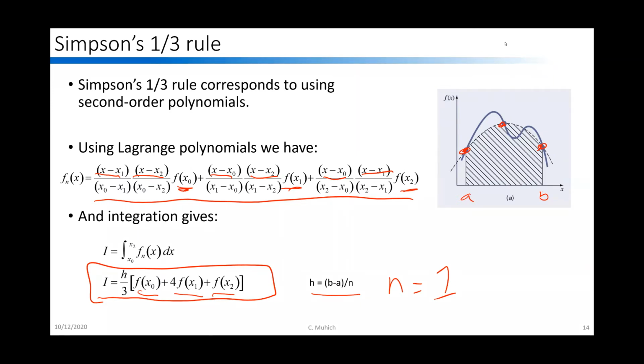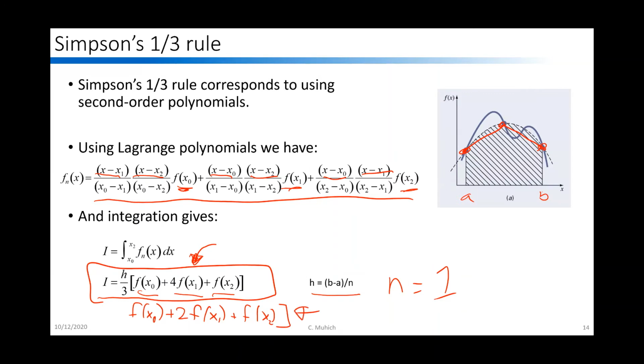I'll make one last note about this. What you'll see in relationship to the formula is we have extra weight being placed on that central point. If I had done this as two trapezoids, 1, 2, I would have ended up with the same set of points in this middle part, except I would have had 2 f of x1 plus f of x2.